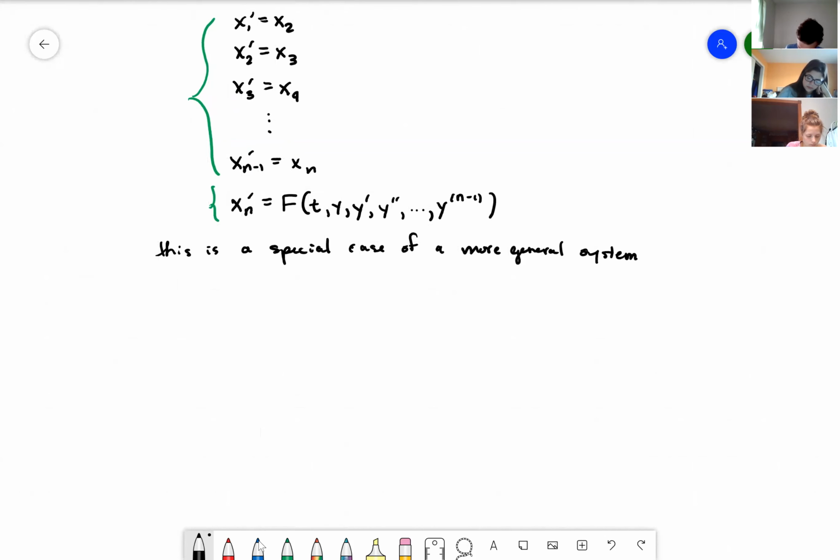The way we can write this more general system is x1 prime is equal to f1 of t, y, up to y to the n minus 1. x2 prime is f2 of t, y, and all its derivatives up to the n minus 1th derivative.